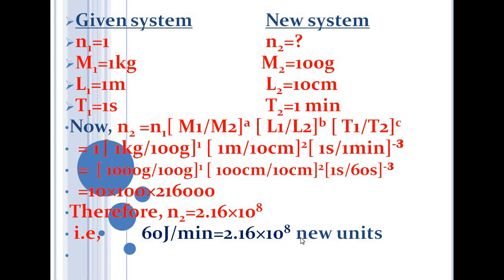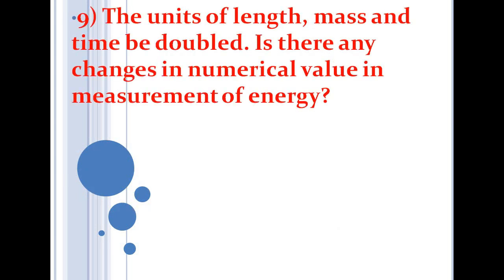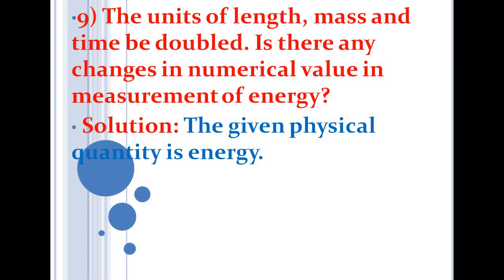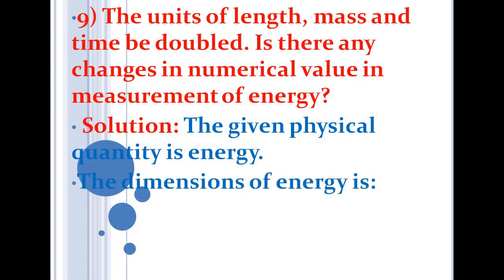In this way we can convert from one system of unit to another system of unit for a given physical quantity. Now let's begin the next problem. The units of length, mass and time are doubled. Is there any change in the numerical value in the measurement of the energy? The given physical quantity is energy, and the dimensional formula for energy is ML²T⁻².